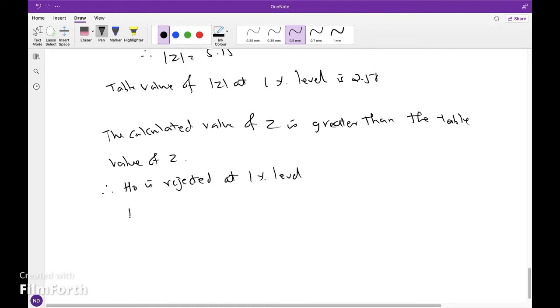So the two samples cannot be regarded as belonging to the same population.